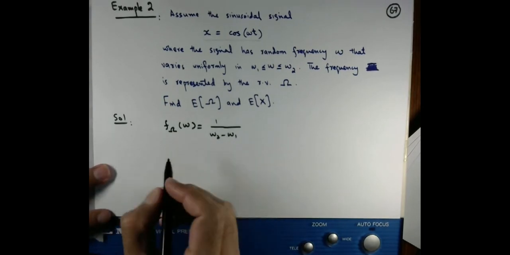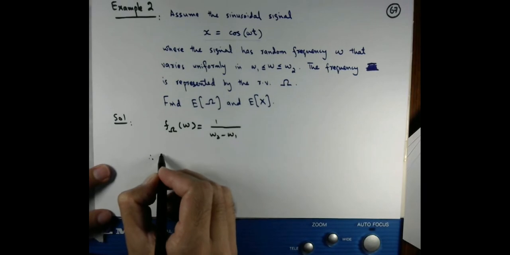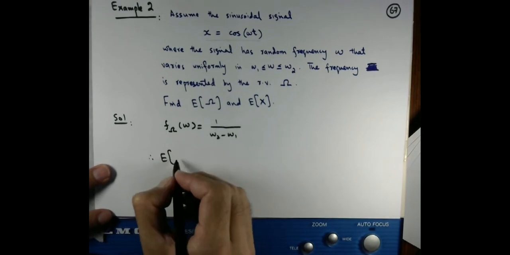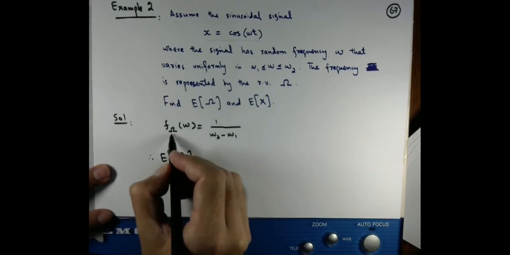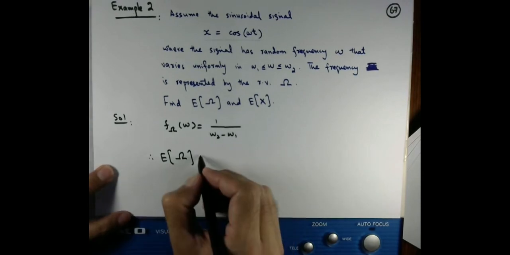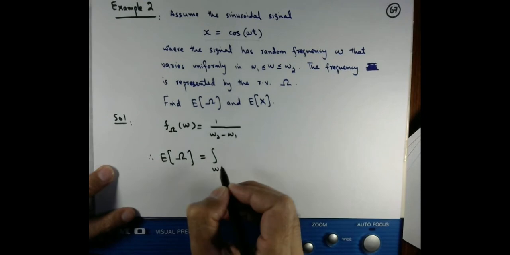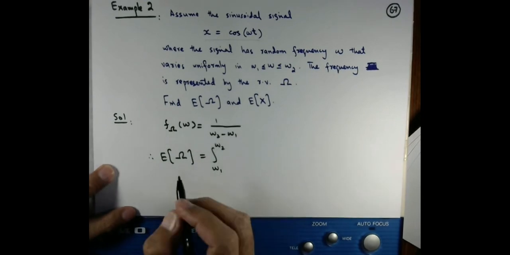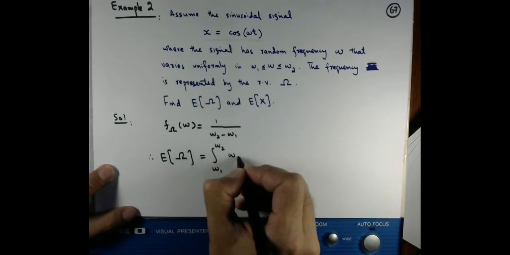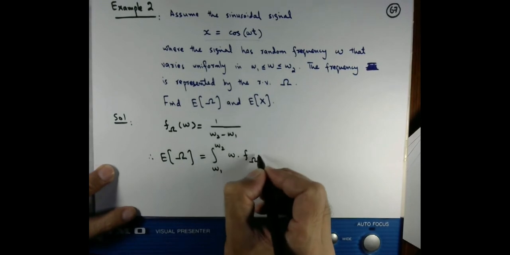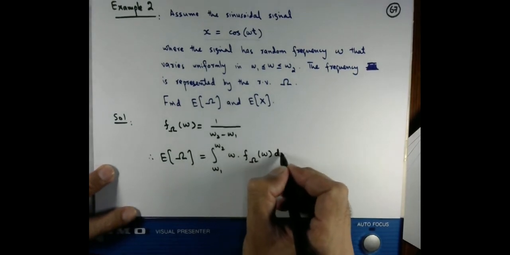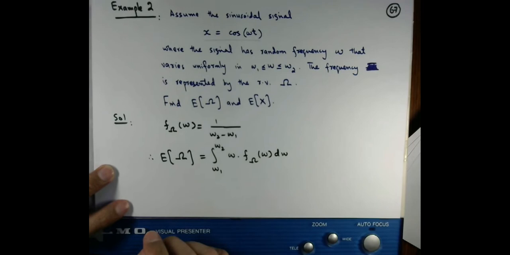So if this is known, then the expected value of the random variable omega is simply the integral from omega 1 to omega 2 of omega times f sub omega of omega d omega. This should be easy.